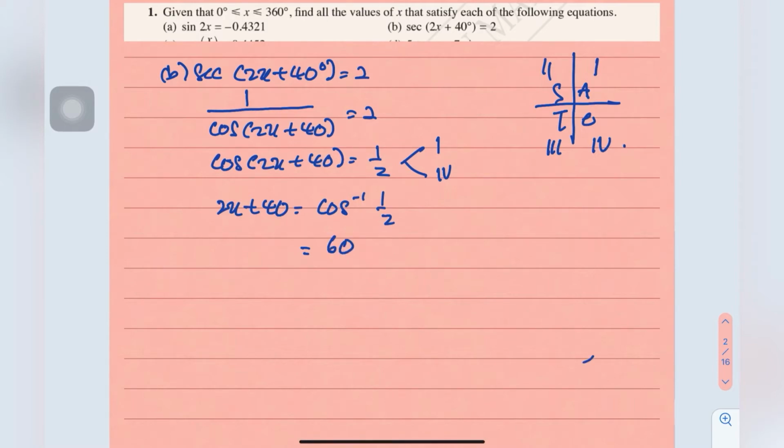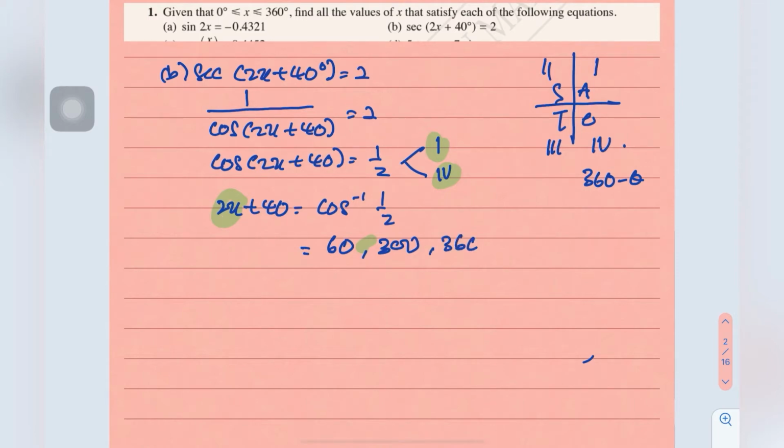Just now we identified angles in quadrant 1 and quadrant 4. Now 60 is in quadrant 1. To find the angle in quadrant 4, the equivalent acute angle is 360 minus theta, so 360 minus 60 is 300. Again there are 2 cycles, so you have to add 360.